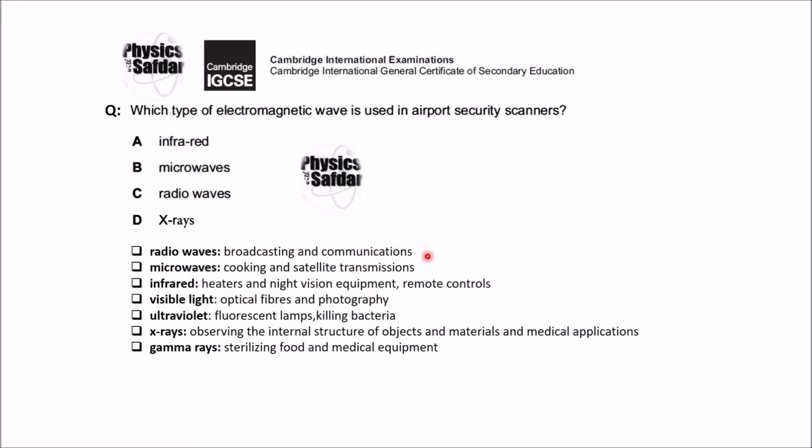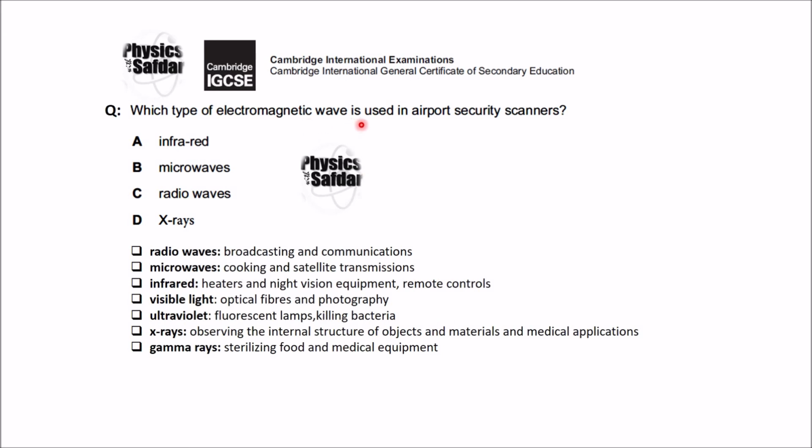Radio waves are used in broadcasting and communication, microwaves, cooking and satellite transmission, infrared heaters and night vision equipment, remote control as well, visible light in optical fibers and photography, ultraviolet, fluorescent lamps killing bacteria, X-rays observing the internal structure of the objects and material and medical applications. Gamma rays sterilizing food and medical equipment.